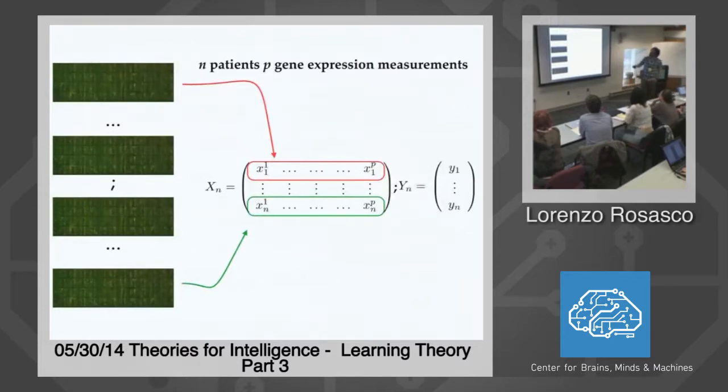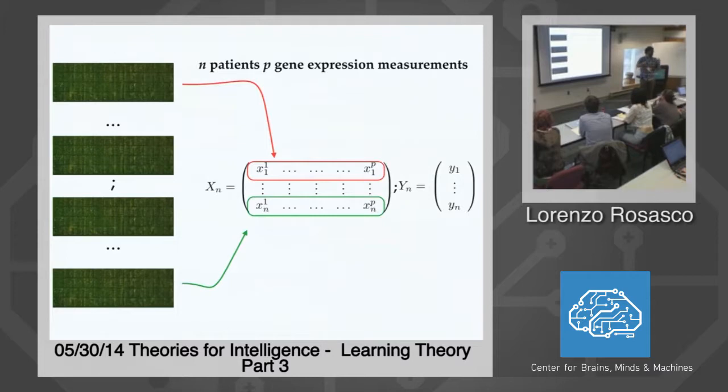So this is a classical problem. Is there any of you working on genomic data? So this was a classical example. Suppose you have a bunch of patients, and you have disease type 1 and disease type 2. One is much more aggressive than the other. When a patient arrives, you want to check whether it's type 1 or type 2 to treat him the best possible way.